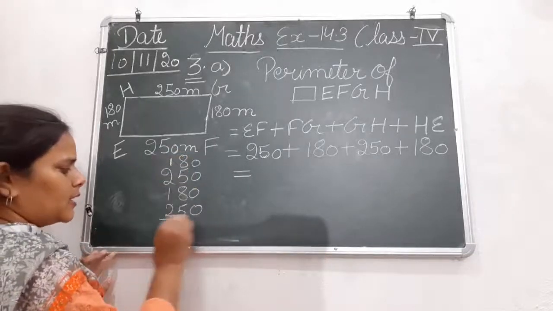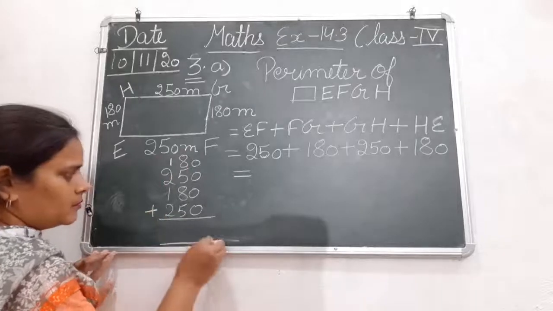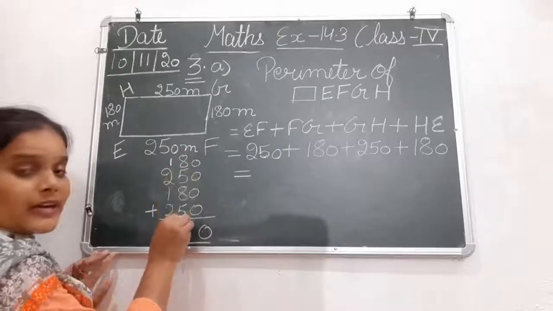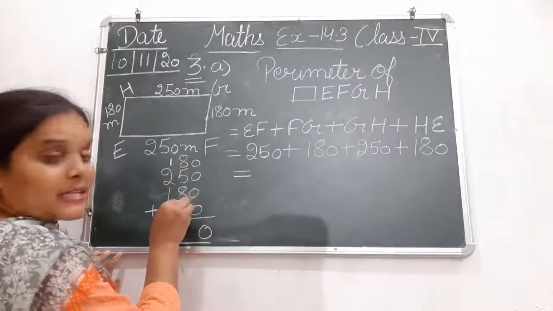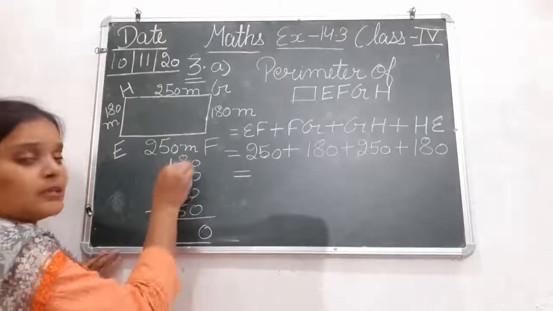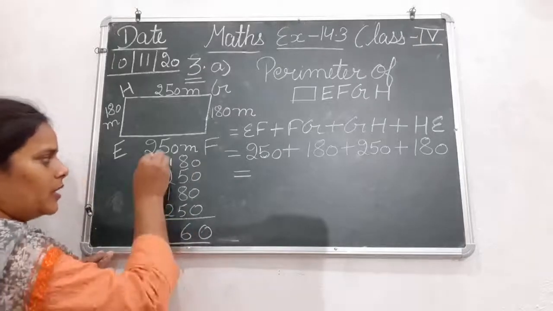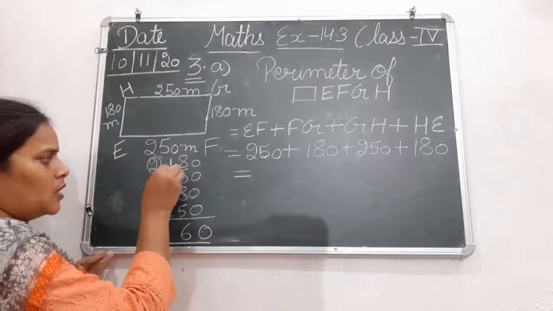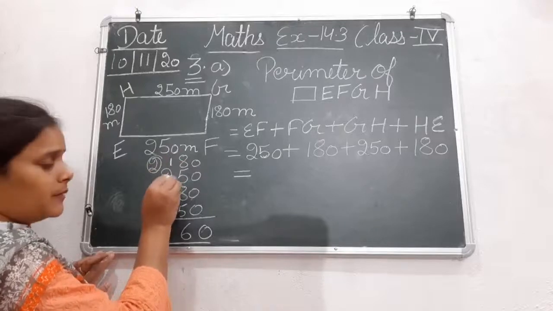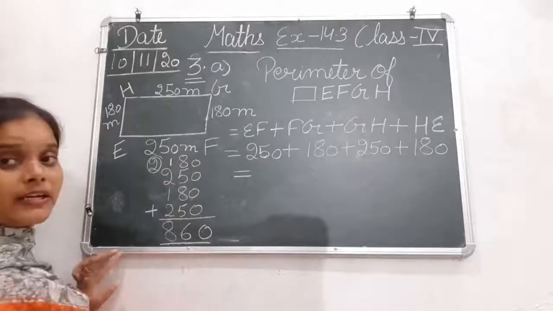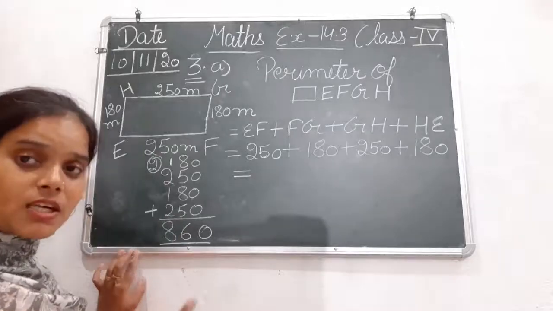So let's add them all. 0, 8 plus 5 plus 5 is 10, 10 plus 8 is 18, 18 plus 8 that is 26. 6 will be here, 2 will be carried here. 2, 4, 6, 8, that is 860 meter.